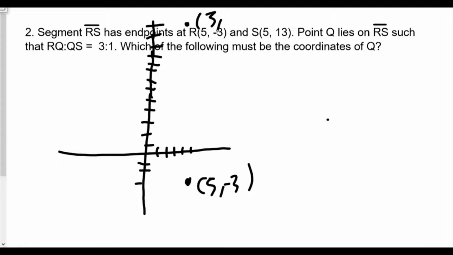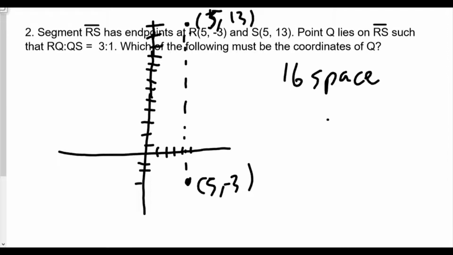Sorry about this, ladies and gentlemen, I probably could have done this a little better. Here is a segment this long, and we want to find the point that breaks it into a ratio of 3 to 1. It's a vertical line segment, and the distance is 16 spaces.